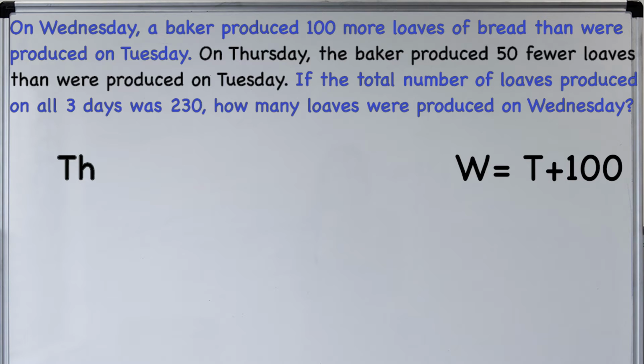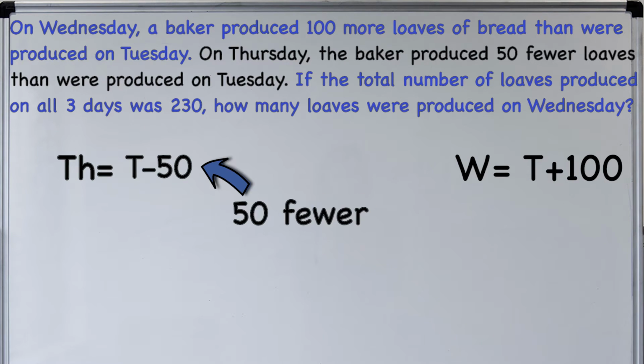Because fewer shows us that we're going to use a minus sign here. So let's turn that second sentence into TH equals T minus 50, right? To show that there's 50 fewer loaves on Thursday than were produced on Tuesday. So Thursday, TH equals T minus 50.